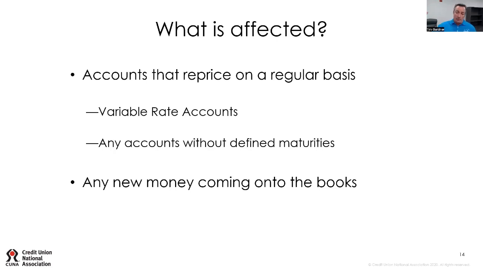Okay, now we come up to the asset side and we start thinking about loans. When do our members get new loan rates? If I decrease my car loan rates by 25 basis points, when are the members going to get those new rates? The answer, when they get a new loan, right?